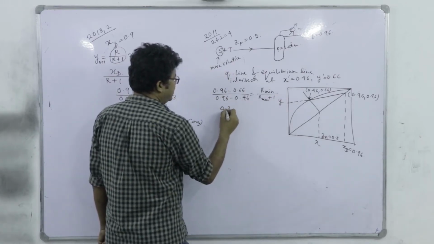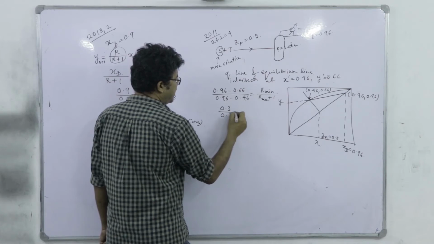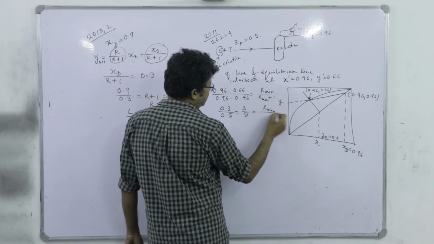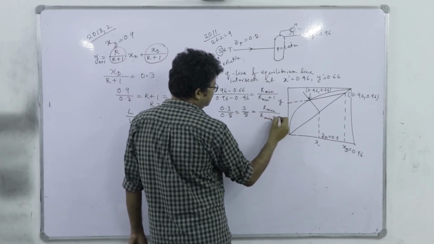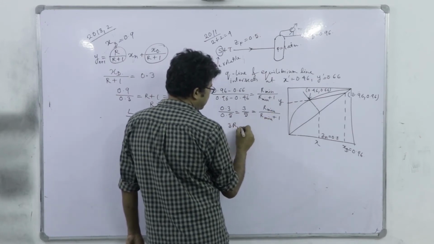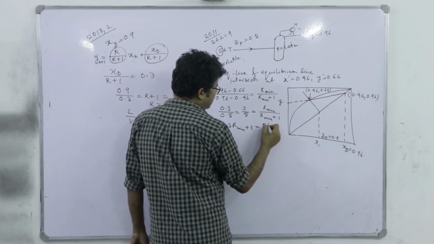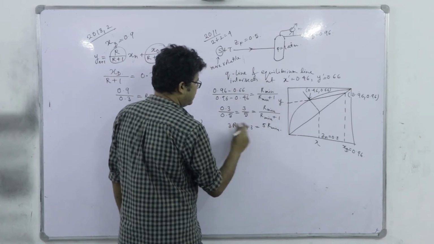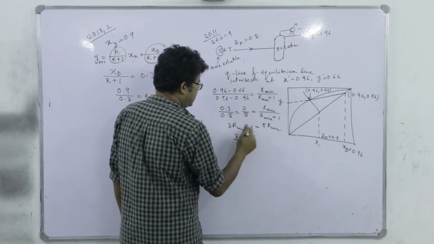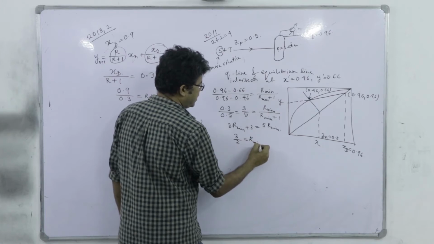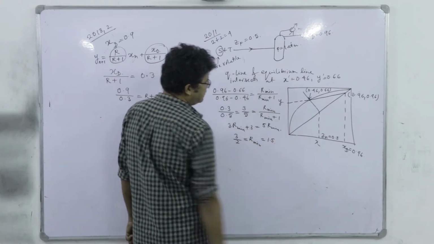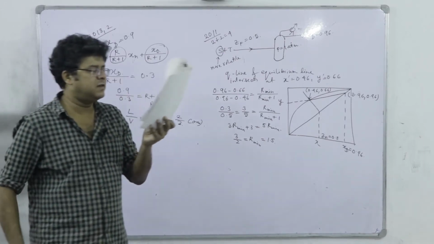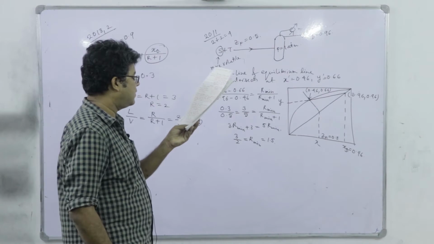So it is 0.3 divided by 0.5, which is 3 by 5. So 3 Rmin plus 3 equals 5 Rmin, so Rmin is 3 divided by 2, 1.5. That's the minimum reflux ratio. The options are given as 1.6, 1.5, 0.66 and 0.6.